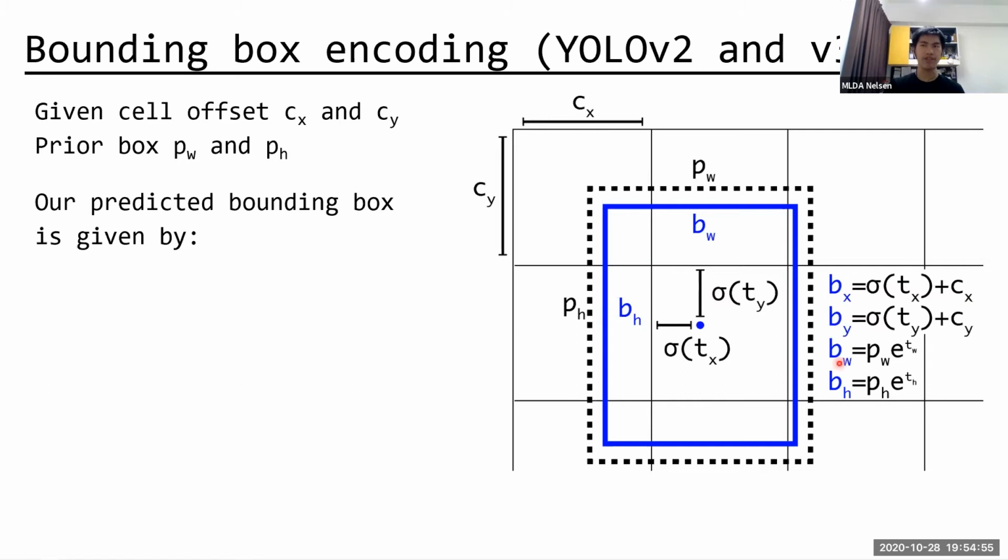But for Bw and Bh, we don't want to predict the offset using linear terms. We want to use exponential terms. As I mentioned earlier, if you use exponential terms, then you can fit in a number from negative infinity to positive infinity, and you still get a number between, let's say, b equals 0 to b equals some multiple of p.